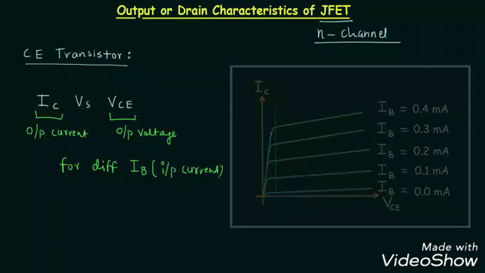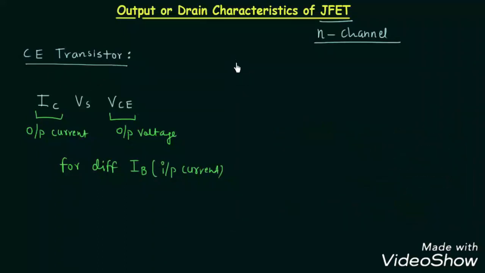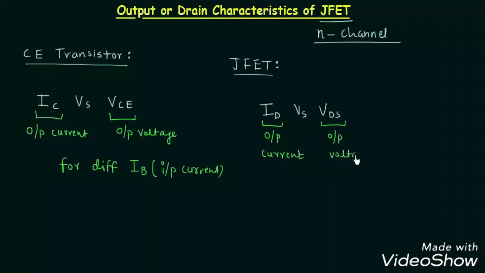Now in case of junction field effect transistor, whether N channel or P channel, we obtain the curves between current ID and voltage VDS, where ID is the drain current or the output current, and voltage VDS is drain to source voltage or the output voltage.